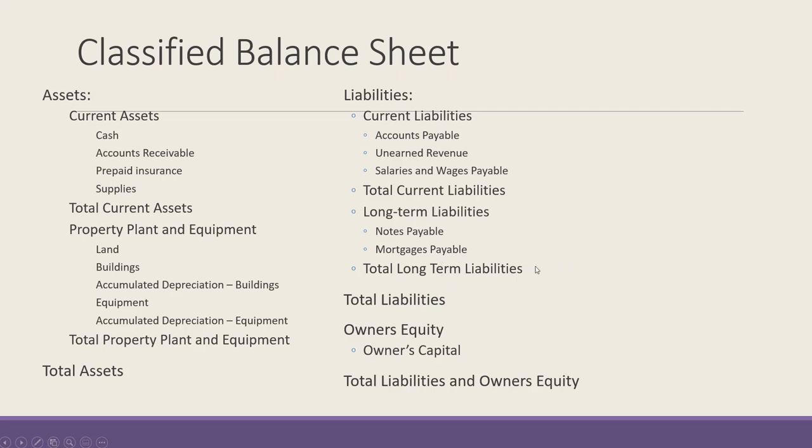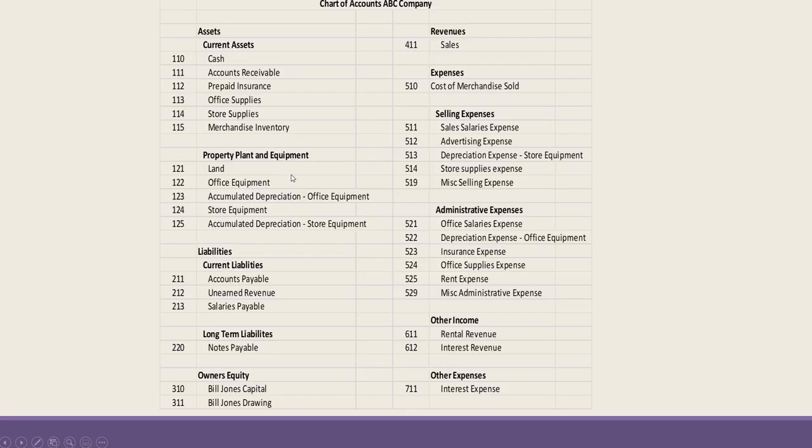We'll want to then total long-term liabilities. We'll eventually get to total liabilities. Then our owner's equity section of our balance sheet really doesn't change. It's just the owner's capital account as we've had in the past. And then our total liabilities and total owner's equity will be matched up against our total assets to make sure that our balance sheet balances.